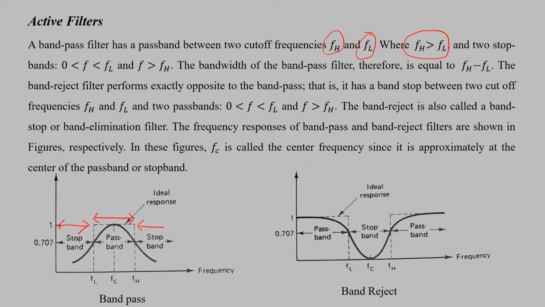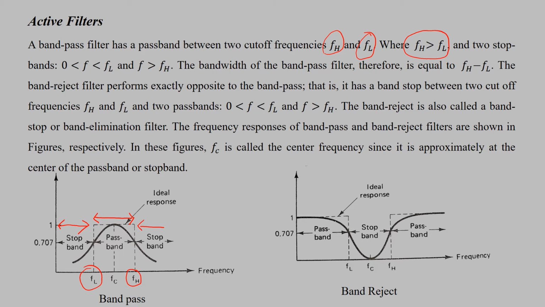This is the ideal one, dotted line, and this is the practical one. So the bandwidth of the band pass filter is FH minus FL.